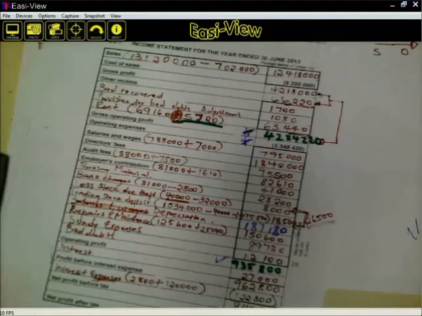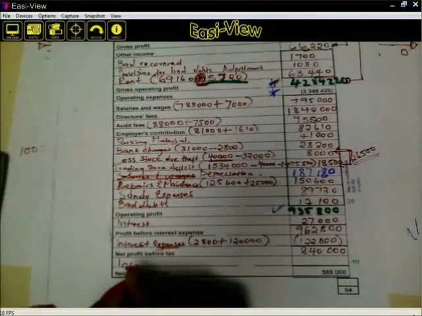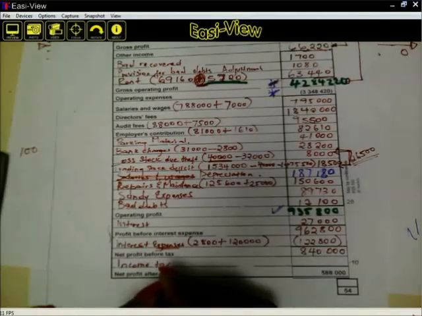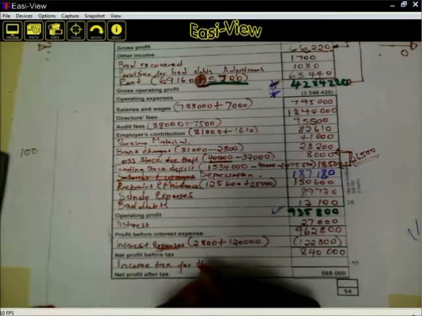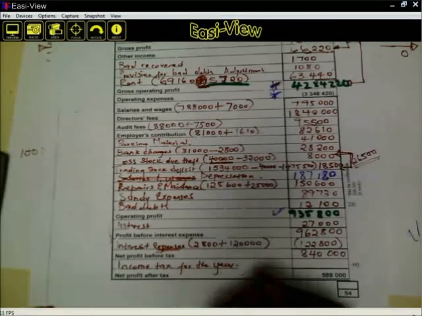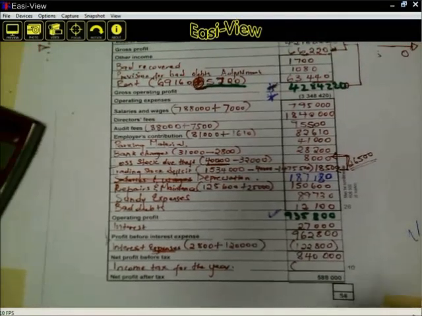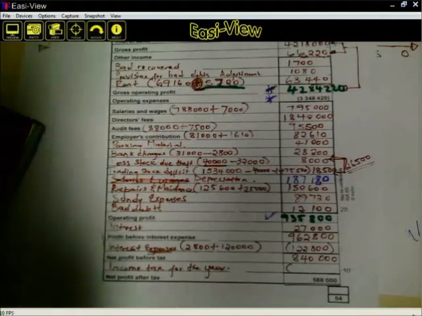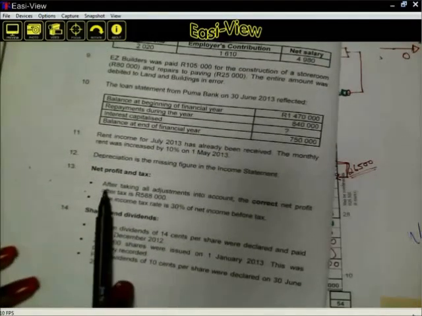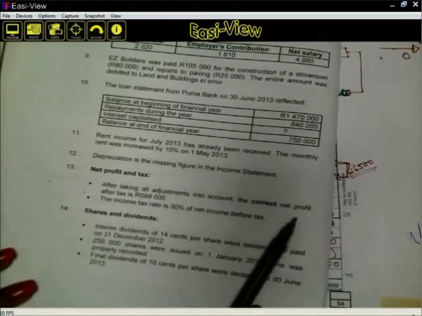This 840,000, we must use it to get our income tax for the year. It says here that, taking care of all adjustments into account, the correct net profit after tax is 588,000.